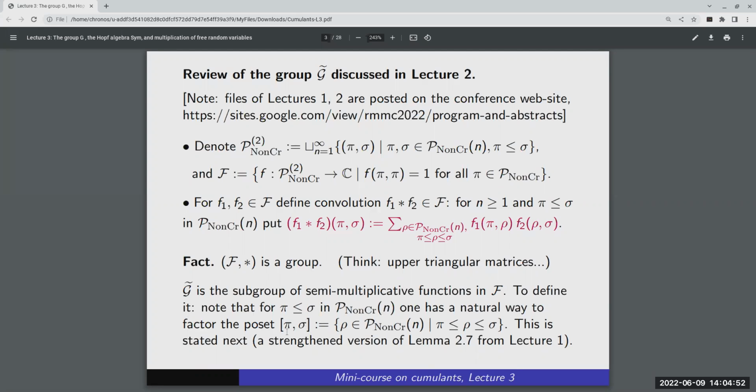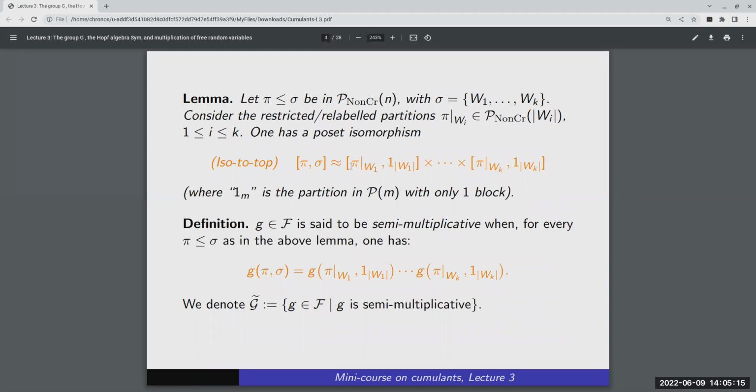For every pi less or equal to sigma in the non-crossing partitions lattice, you consider this interval, all the elements sitting between pi and sigma in the reverse refinement order. Then there was a factorization lemma from the lecture on Monday, which I'm repeating here in a slightly more general form.